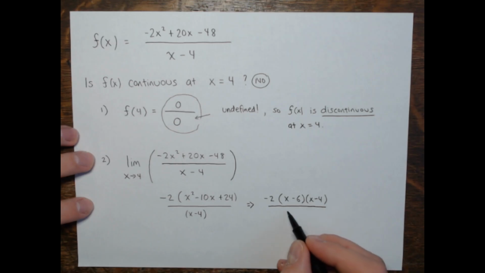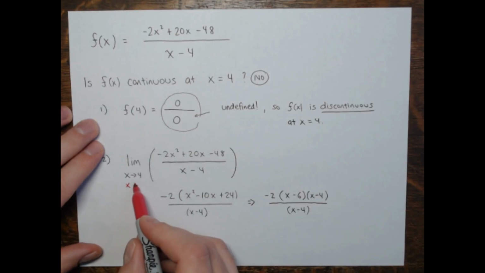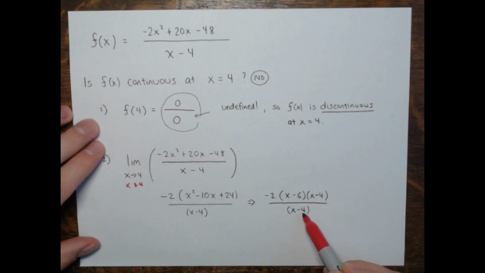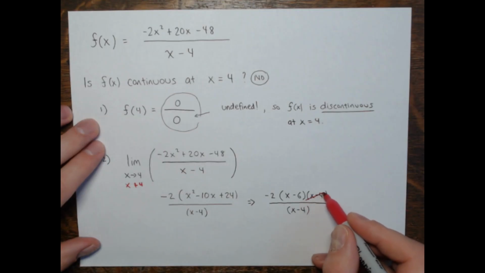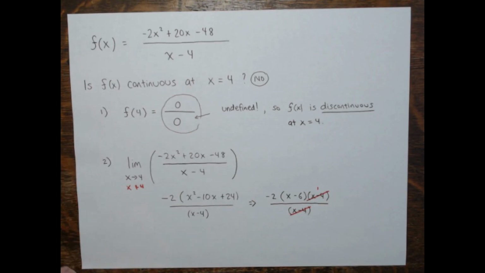And right? You're seeing now, I can do some canceling here. X is not 4 in this, right? We're approaching 4. And if x is not 4, then this x minus 4 and this x minus 4 are the same non-zero number. And when you divide the same non-zero number by itself, you get 1.